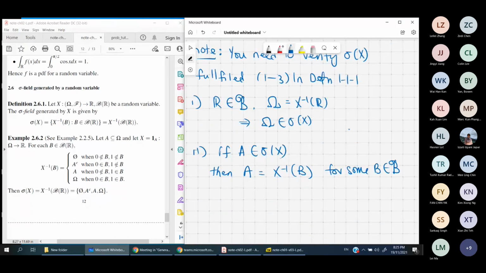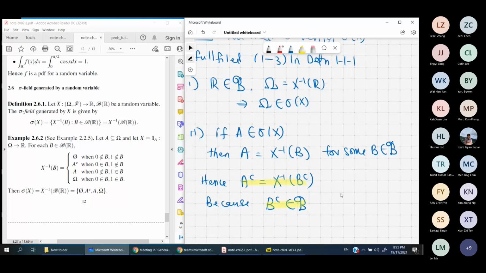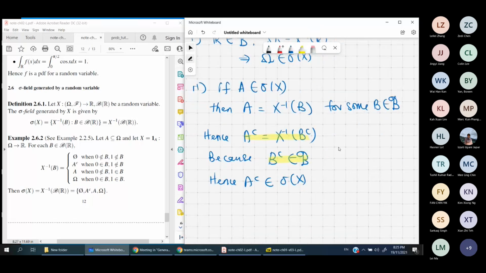So then you can see the complement of A must be equal to the complement of the pre-image of one Borel set. And also because this is also an event, by using these two, and the definition as well, we can see that A complement belongs to sigma X. And the third one, you go and do it yourself. Okay.